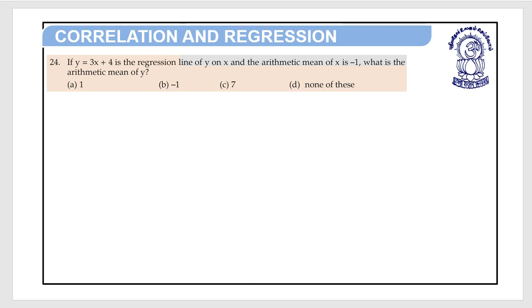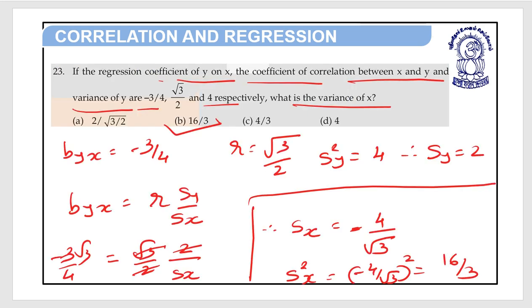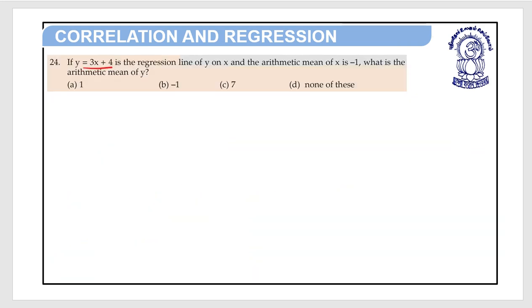Now question number 24. If y is equal to 3x plus 4 is the regression line of y on x, and the arithmetic mean of x is minus 1, what is the arithmetic mean of y? It is very easy. Consider y is equal to 3x plus 4 is given.